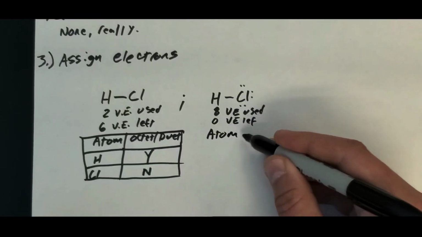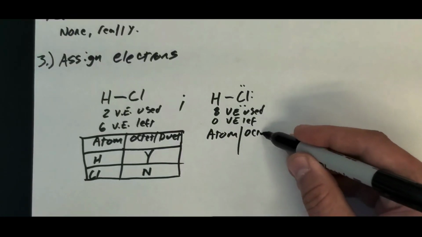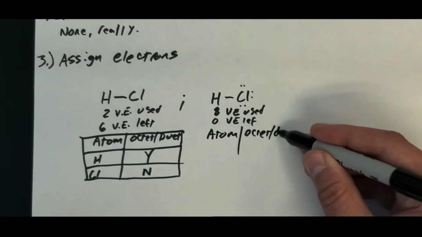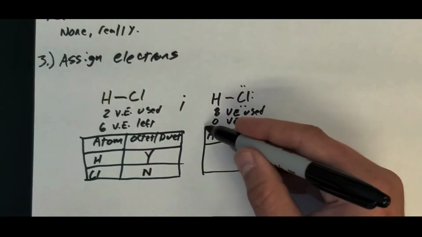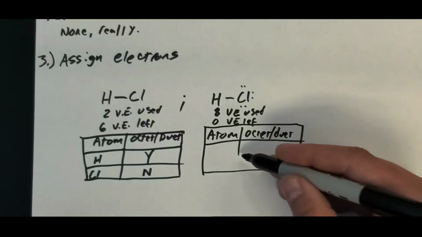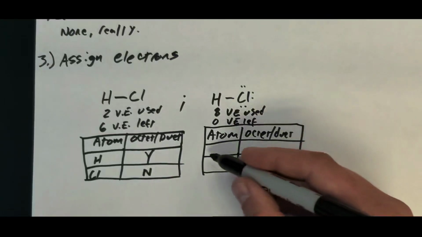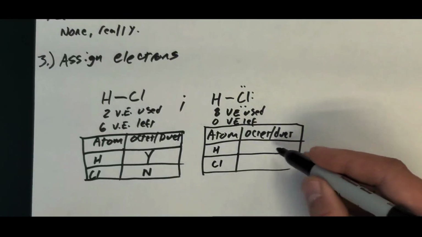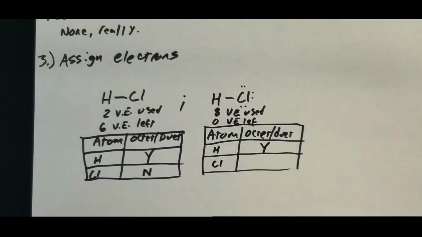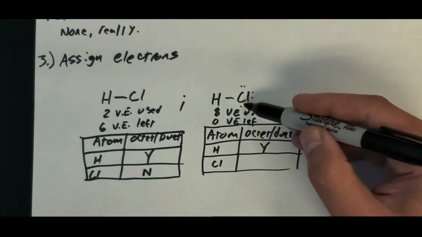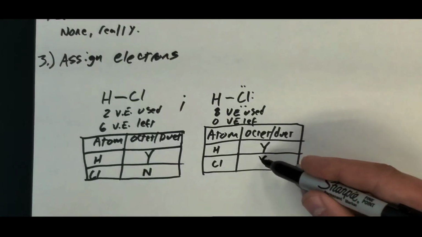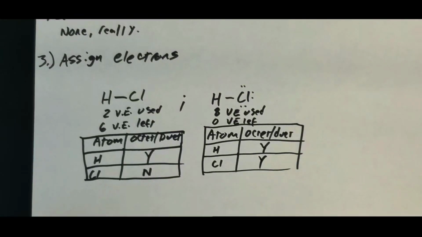We'll check our octet and duet rules. Hydrogen's still satisfied with its duet, and now chlorine also has 2, 4, 6, 8. Its octet rule is satisfied, and now we can build this model.